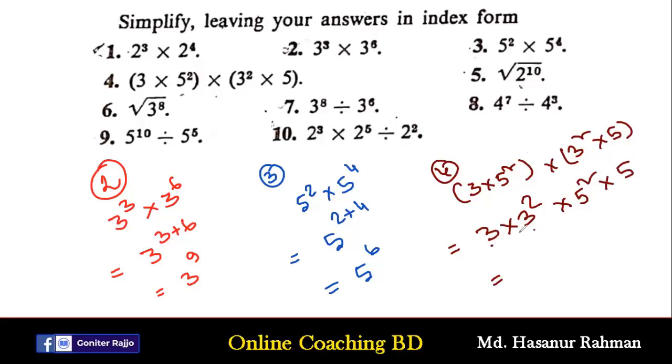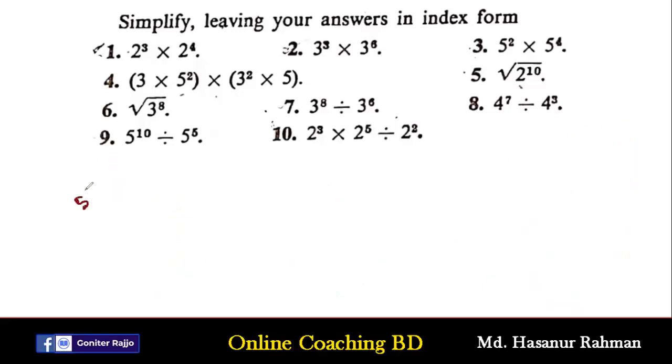So look, both bases are the same, so we have to add the powers. So 1 plus 2, because 3 and 3 to the power 1 are the same. So 3 to the power 1 plus 2 multiplied by 5 to the power 2 plus 1. So we can write: 3 cube multiplied by 5 to the power 2 plus 1, that is 5. And that is the answer of number 4.